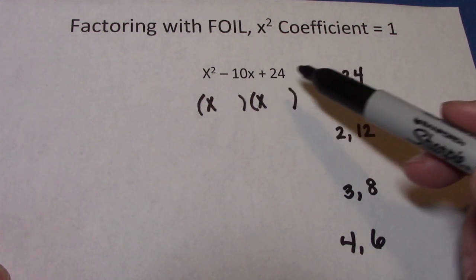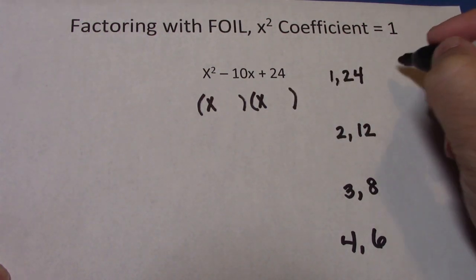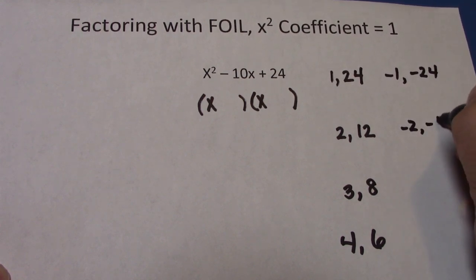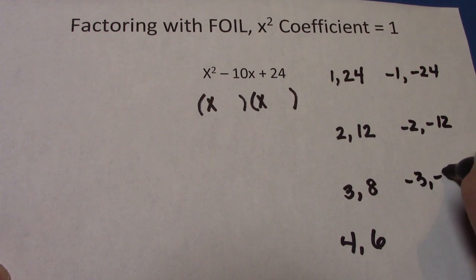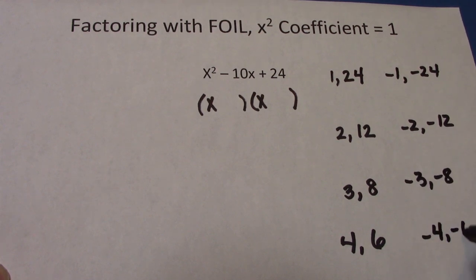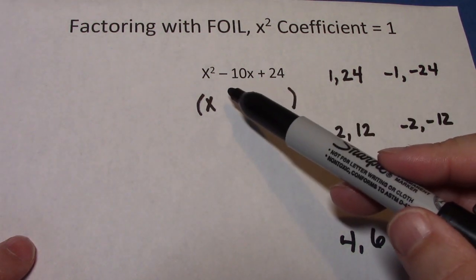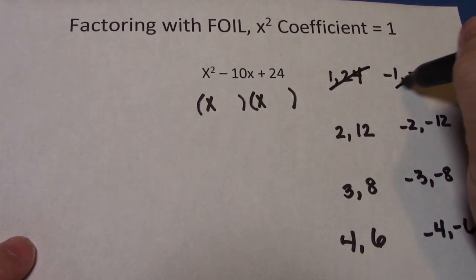Now, this is positive, so they are either both positive or they're both negative. But they have to add together to give me negative 10. Well, that leaves this out and this out.